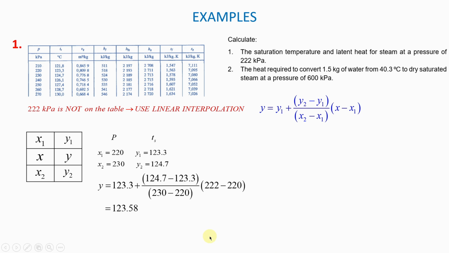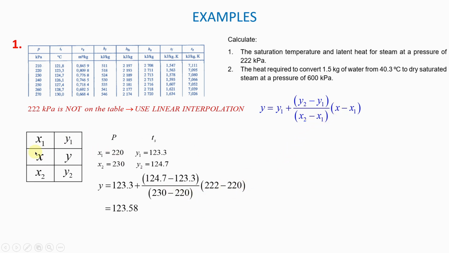If we do that, you will see that y, which is TS for 222, will be equal to y1, this is y1, plus (y2 minus y1), this is y2, this is y1, divided by (x2 minus x1), this is what you have here, multiplied by (x minus x1). Now, we know what x1 is, and what is x?